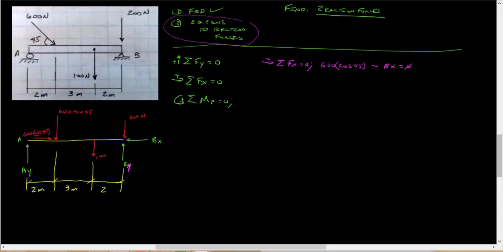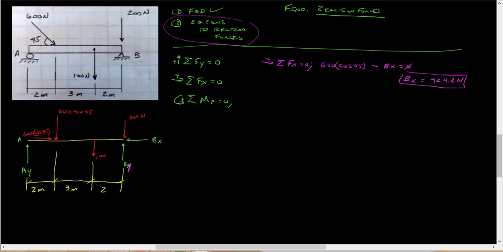Now if I take BX to the other side, I get that BX is going to equal 424.2 newtons. So there's one. Now, since I said it was going left, I have assumed that it was going left. My answer came out positive, so my assumption that BX is going left to hold this beam in equilibrium is true, so I leave it alone.